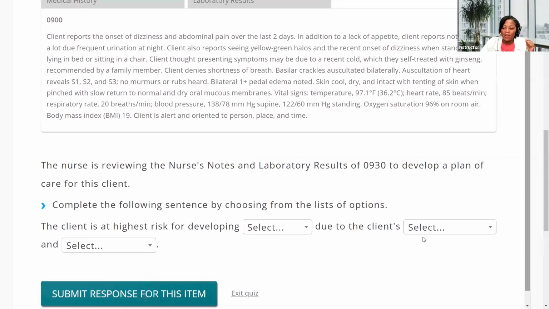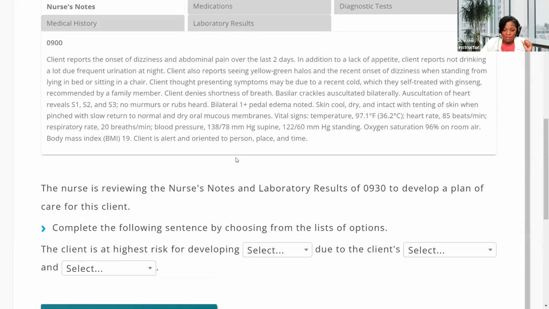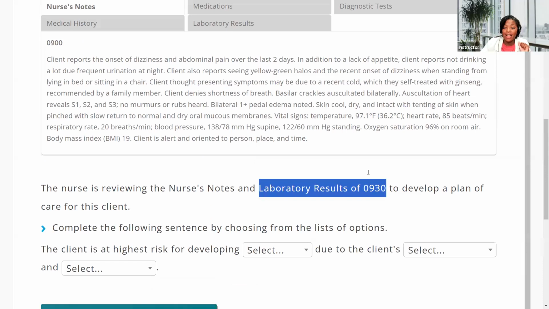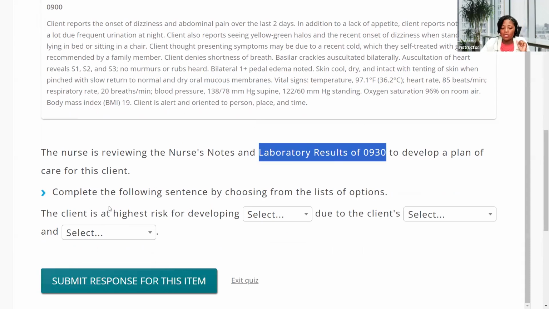All right, so what do they want from us? Question number 3 says the nurse is reviewing the notes, where there are no additional notes right now. So they also want us to review the lab results. Oh, that's a new one. And then to develop a plan for this client. So once we look at the lab results, we know what the note says here.